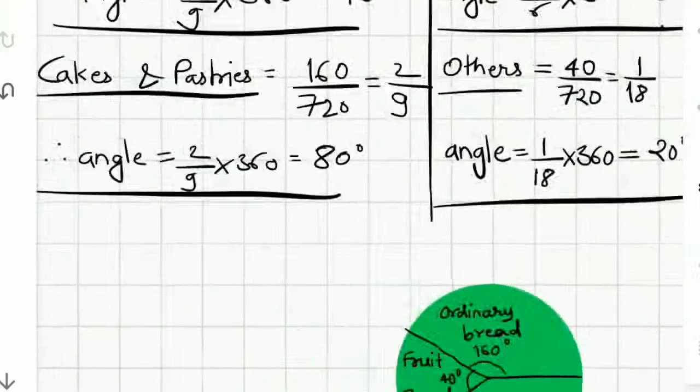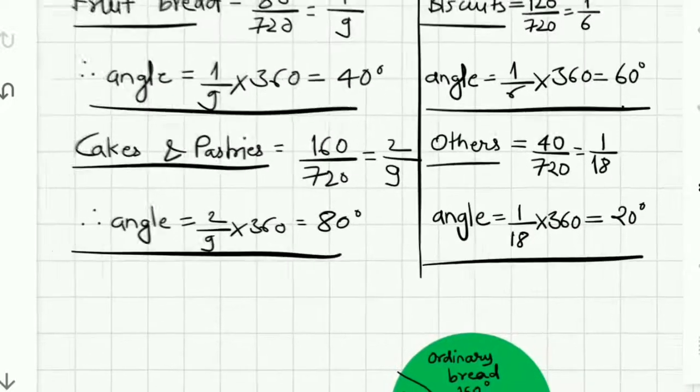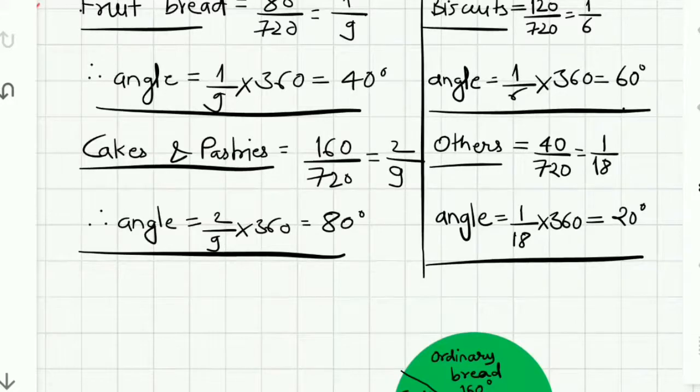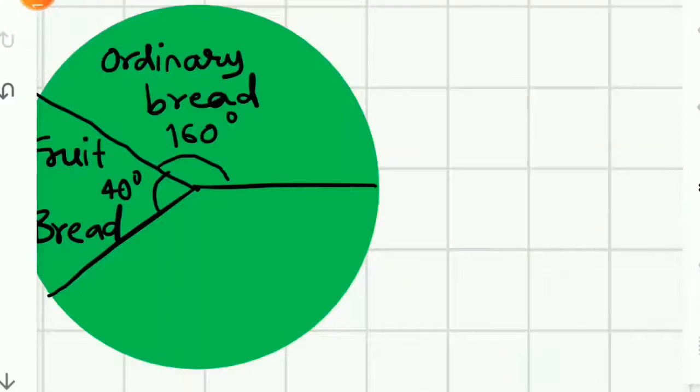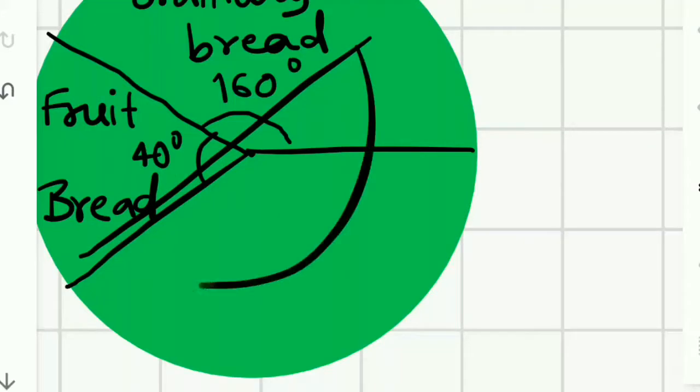Now let's see what angle we found out next. It's 80 degrees and it's for cakes and pastries. Again, what you do is you put your protractor like this. You match the center of the protractor with the center of your circle and again align the 180 degree line with your angle line over here.